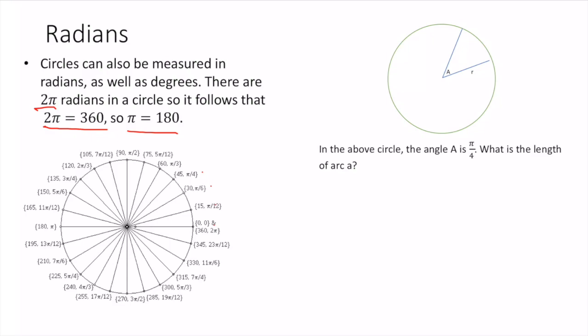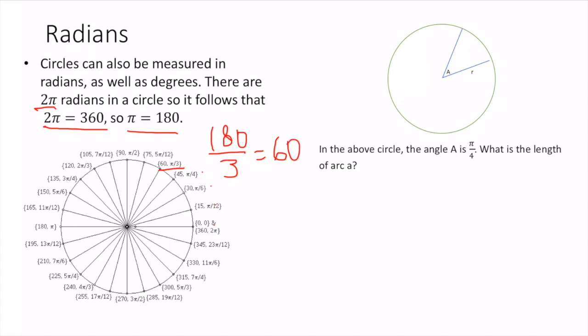One way to do this though, say I'm trying to convert 60 degrees into radians. I just want to take 180, because that's how many degrees are in pi radians, and to get it to 60, I know I have to divide it by 3.